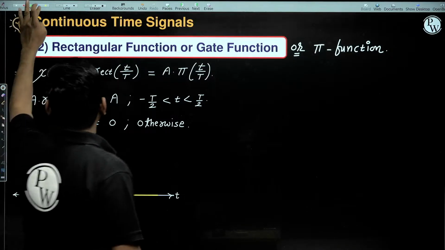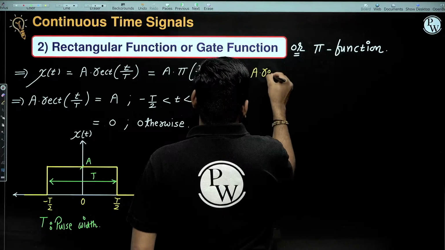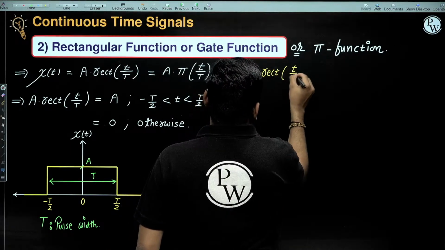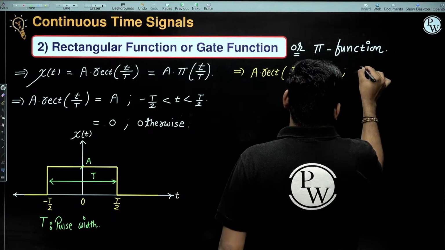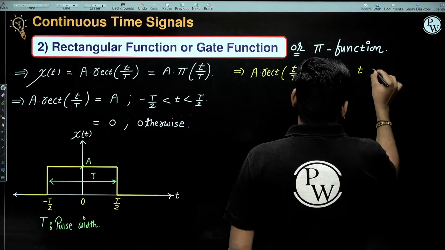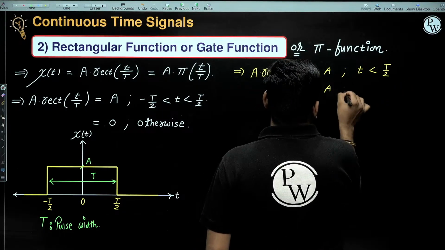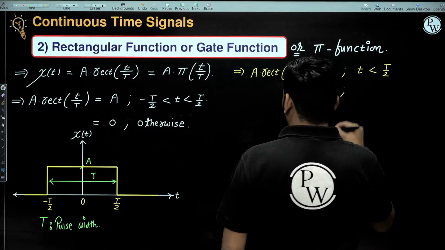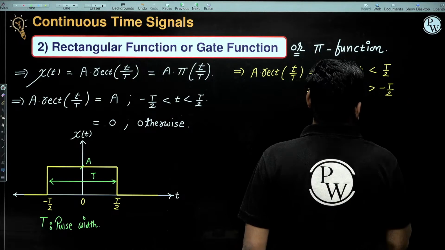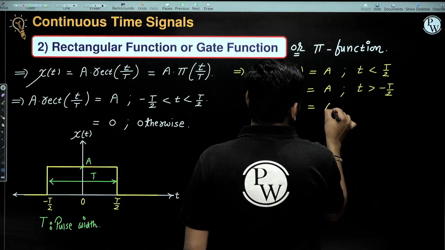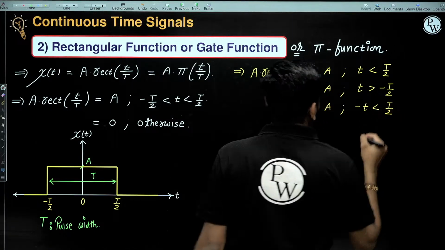Now can we write it like this, which is also a correct way mathematically: A rect t by capital T equals A for t less than T by 2 and greater than minus T by 2. Now observe this one.